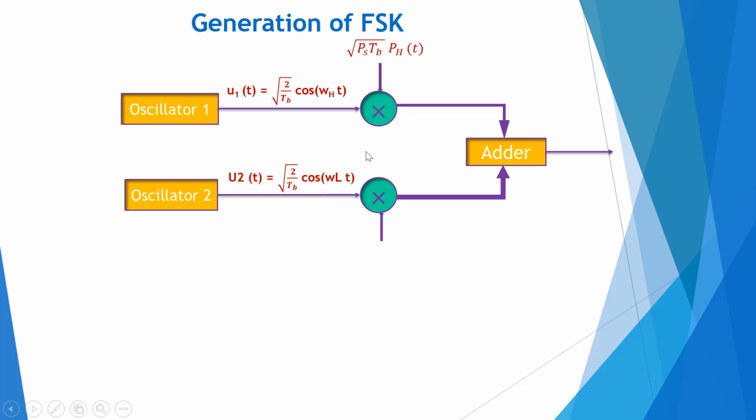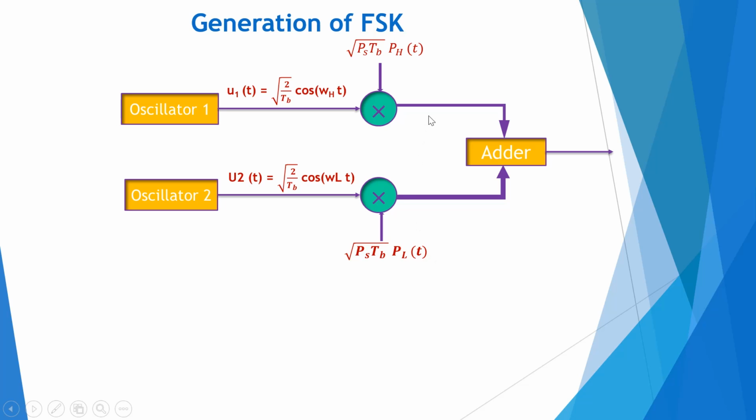Now you can find the input to the first, upper multiplier, that is square root of PS TB times pH(t). We have already seen what pH(t) will be when binary 0 is transmitted and when binary 1 is transmitted. Now the second multiplier input is square root of PS TB times pL(t).